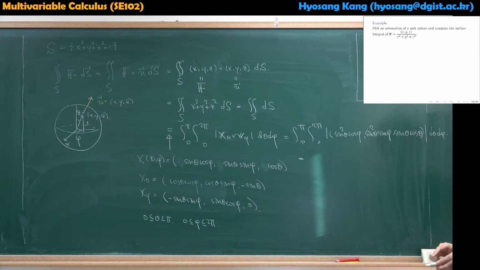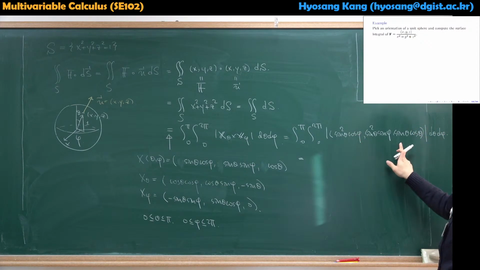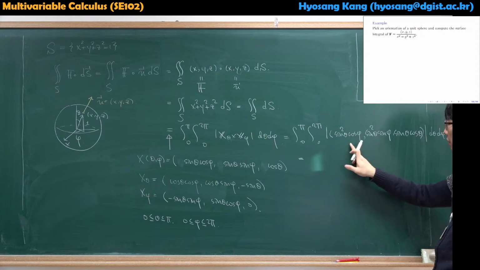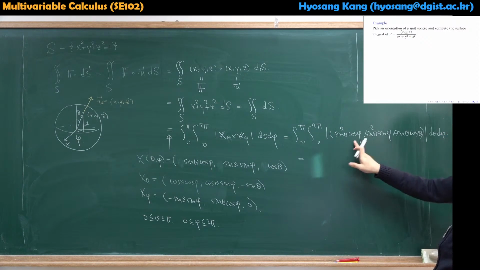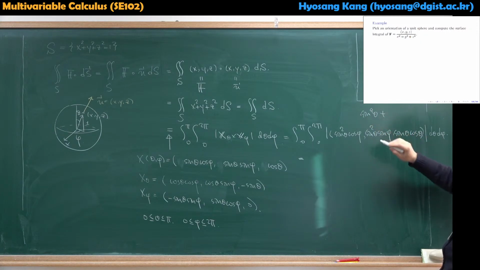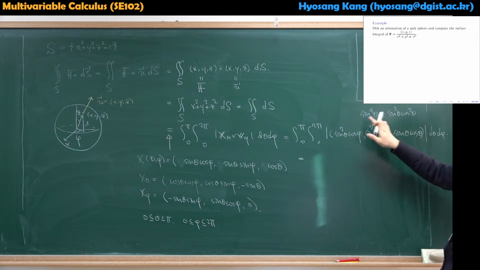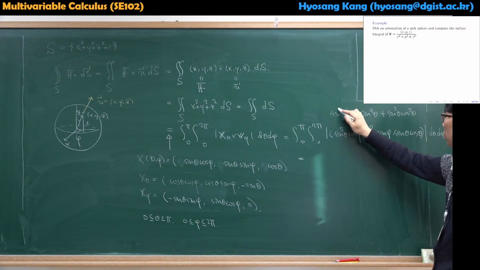So what's the size? You take the squares, take the sum, and take the square root. If you add this together, you get sine to the fourth, plus sine square cosine square. So you have sine square times, and this is sine square.